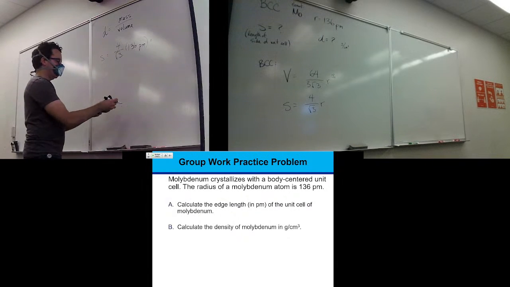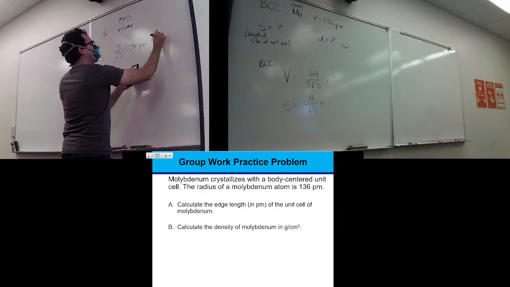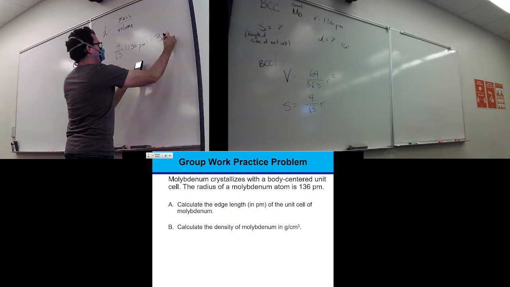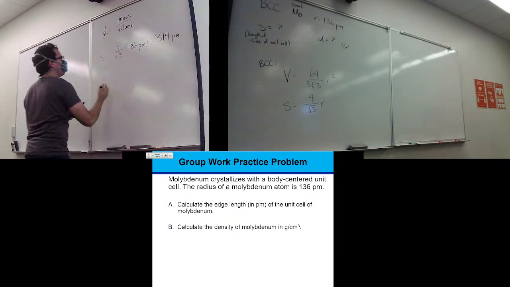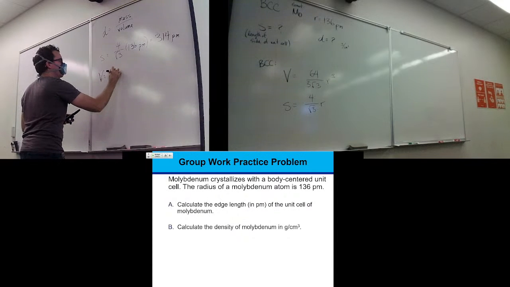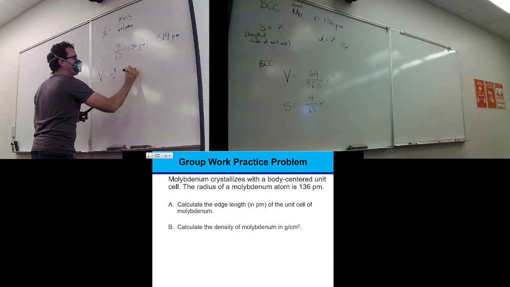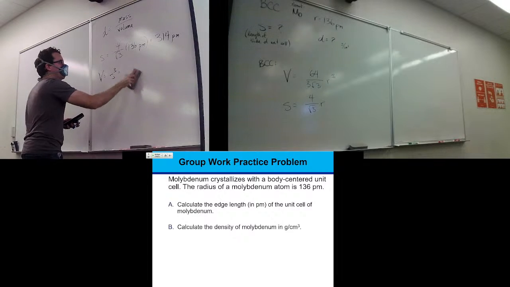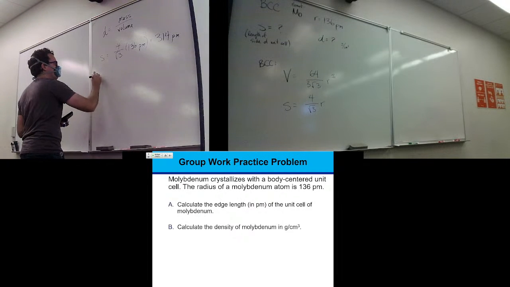So the side is 314. The volume is the side cubed. Actually, I'm going to convert this first.